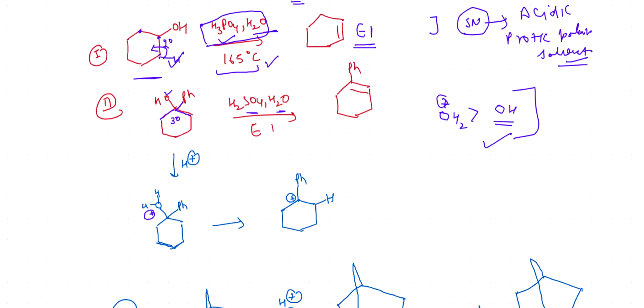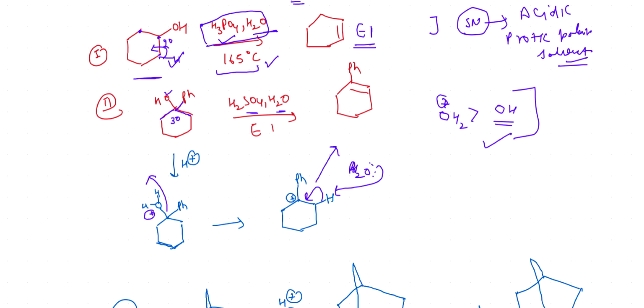As this OH2 positive is a good leaving group, it is removed in the first step, thus forming a carbocation. In the second step, the water will abstract hydrogen from here and there is formation of a double bond. Clear? So this reaction is proceeding via the E1 mechanism.